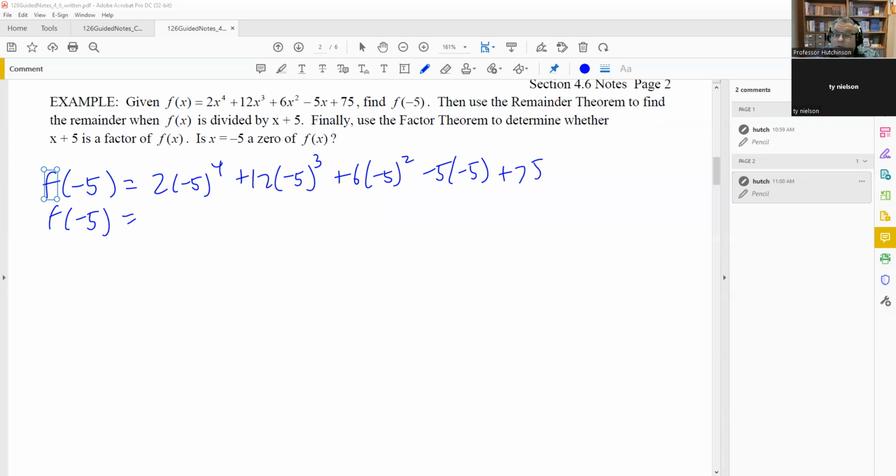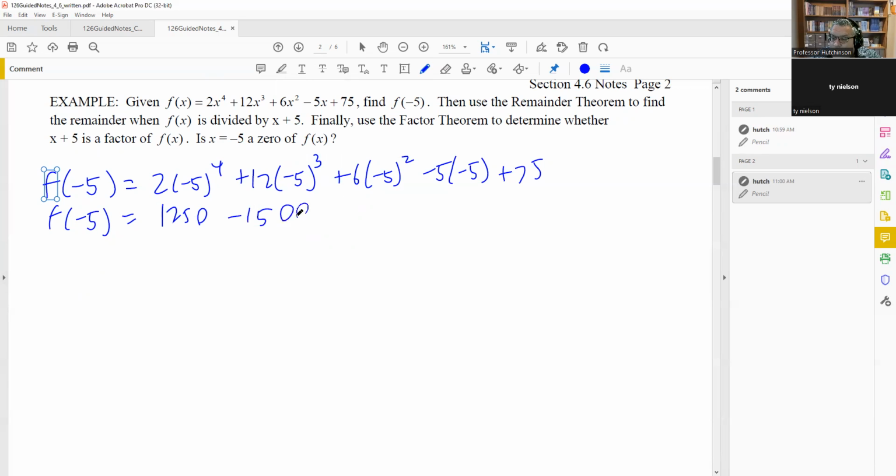In the notes, I don't think I wrote all this out separately, so let me do that for you here. Negative 5 to the 4th is positive 625, times 2 is going to be 1250. Then negative 5 to the 3rd power is negative 125, and times 12 means I'm going to get negative 1500.